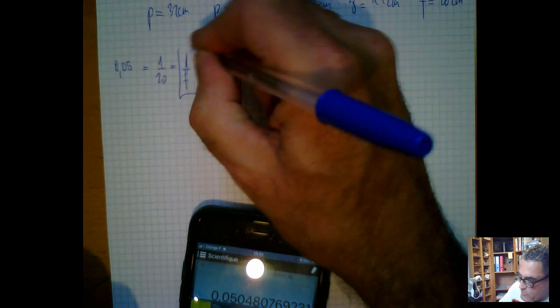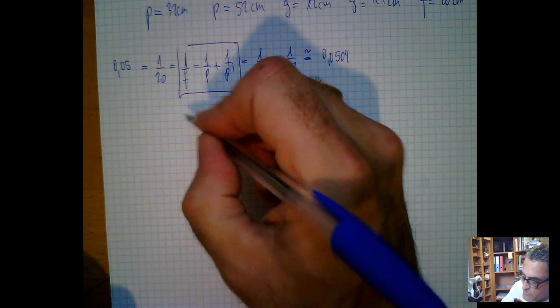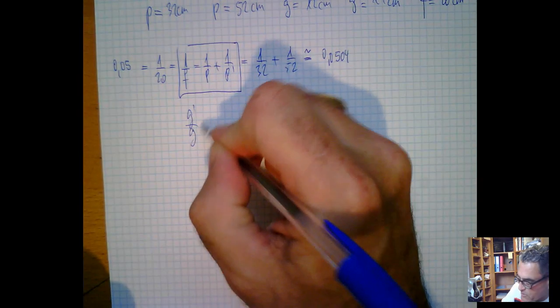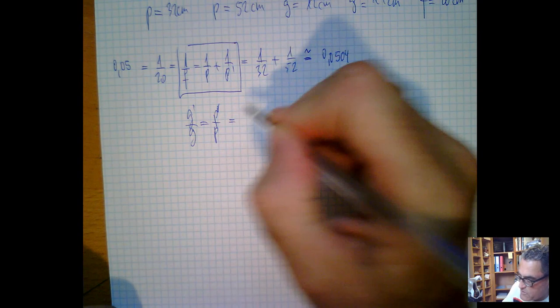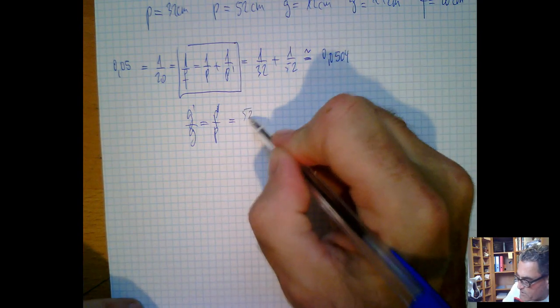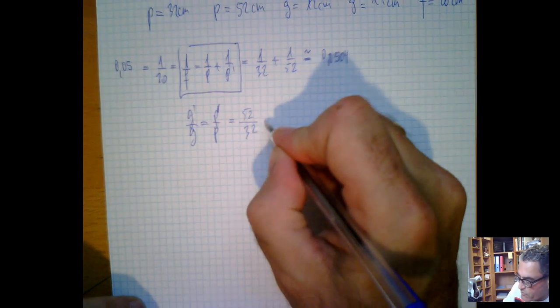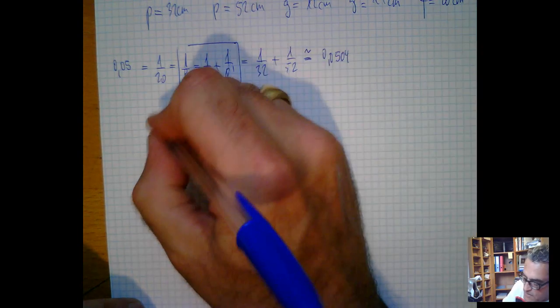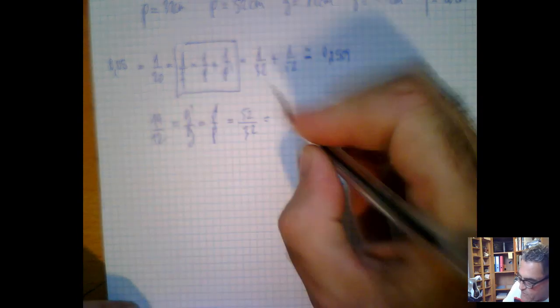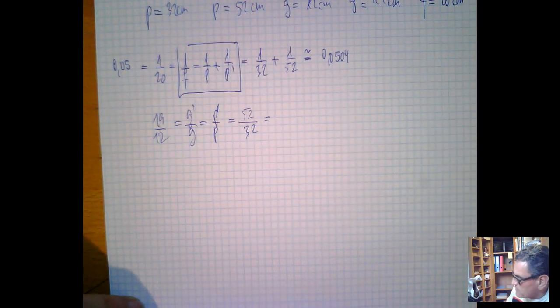This was for the law of lenses, and now the magnification law. G prime over G is P prime over P. P prime over P is 52 over 32, and G prime over G is 19 over 12.